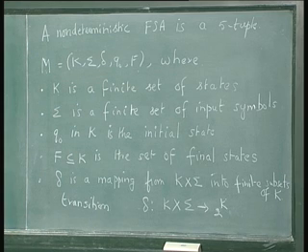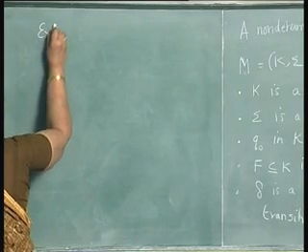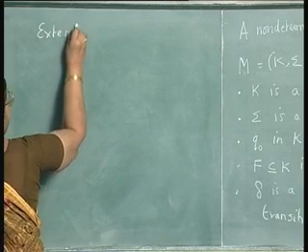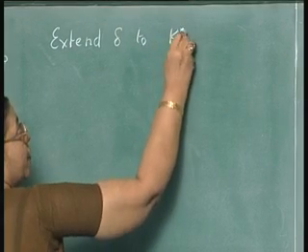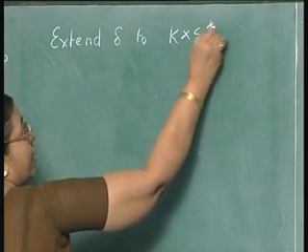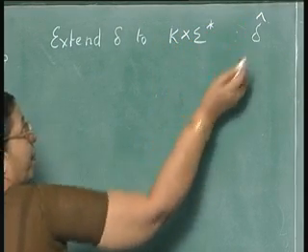Now, proceeding further to determine the language accepted, extend delta to K cross Sigma star, call it as delta cap.